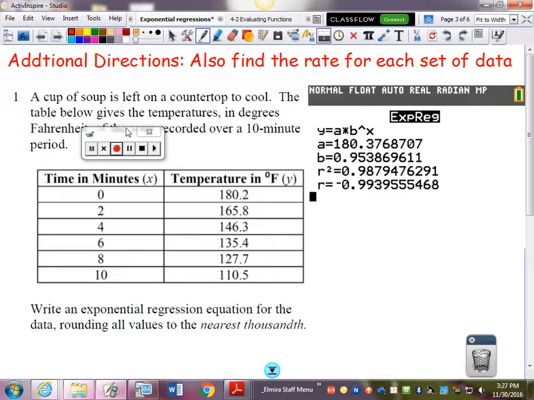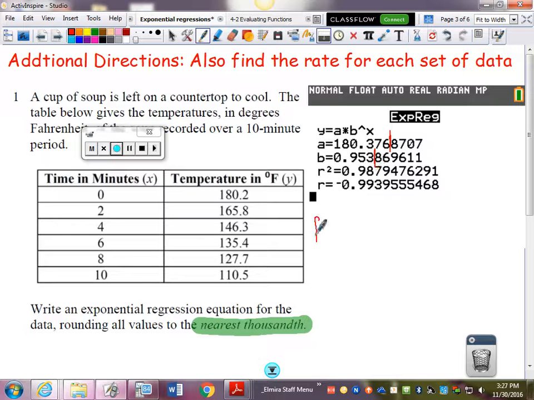So that means that my regression, now I have to pay attention to directions. Those of you that are skimmers are going to miss out. It says write an exponential regression equation rounding all values to the nearest thousandth. Thousandth means 3 decimal places. So if I'm looking at this, I'm cutting myself off at 3 decimal places for rounding purposes.